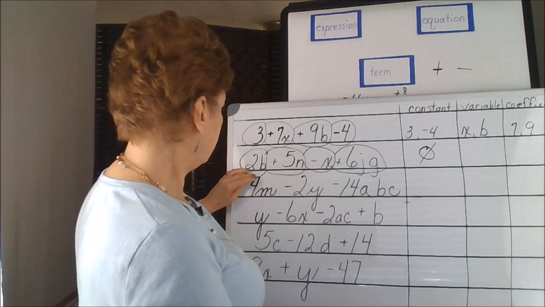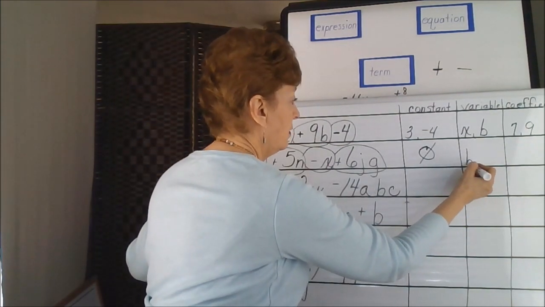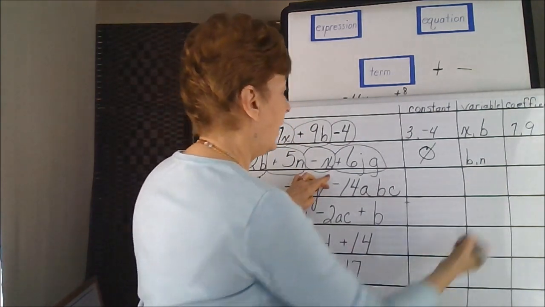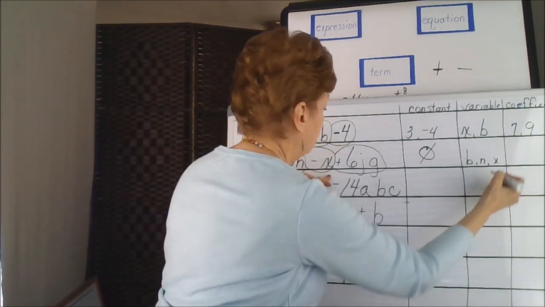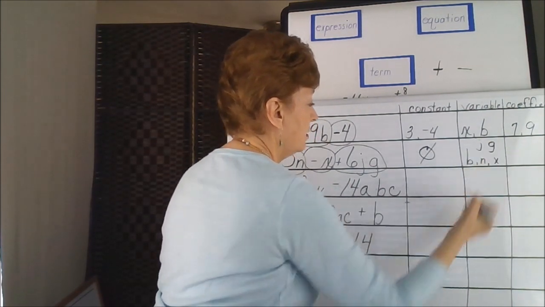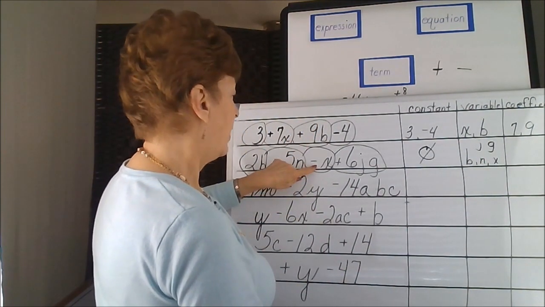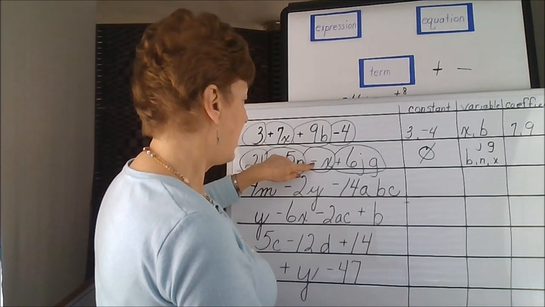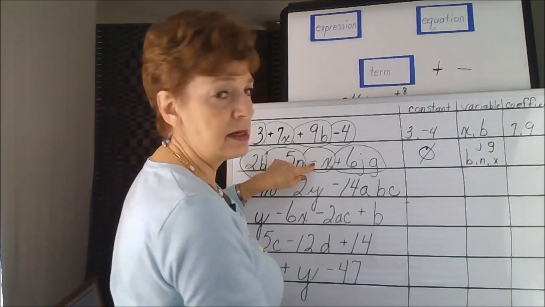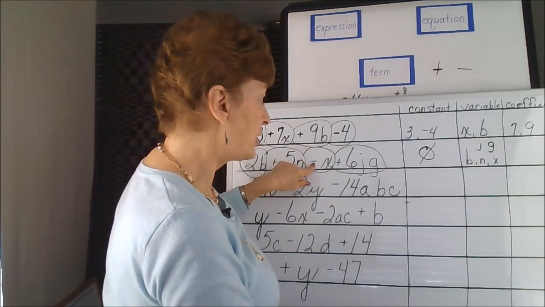The variables in this are the B, N, X, the J, and the G. This X is negative. I didn't carry the sign with it because it's an understood coefficient.